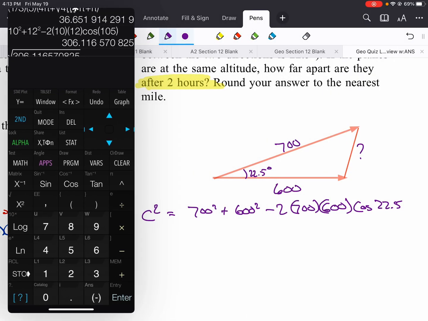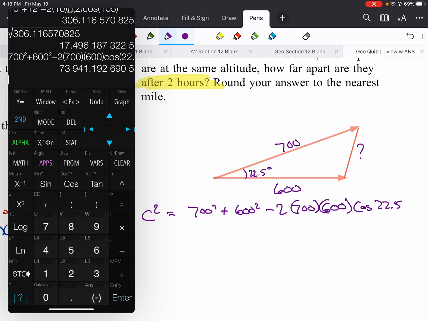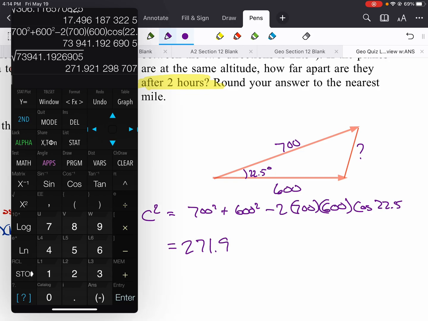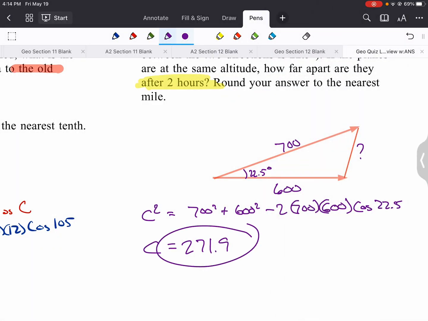And again, throw it in the calculator, let it do all the work for you. 700 squared plus 600 squared minus 2 times 700 times 600 cosine 22.5. And I got a huge number, which is way too big, but don't forget you got to take the square root here. So square root, and you get 271.9 miles away, or 272, I guess it would be more accurate. Okay, so hopefully that made sense to you.